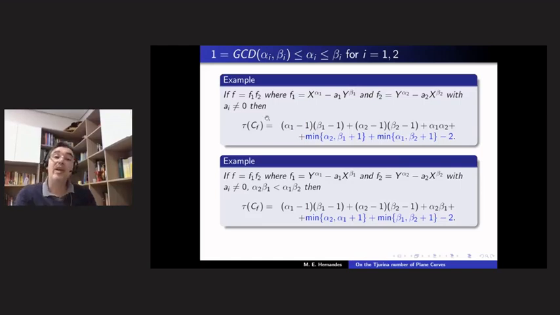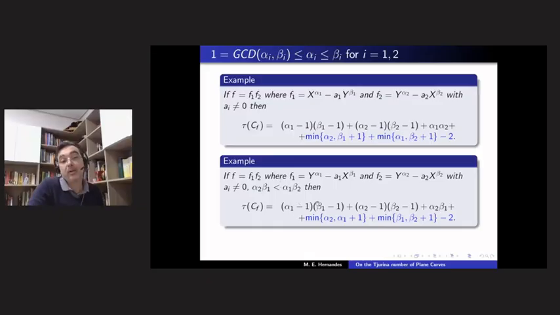In this case, we have two irreducible plane curves, quasi-homogeneous, with distinct tangents, but the product F is not a quasi-homogeneous curve. On the other hand, we can consider two quasi-homogeneous curves with the same tangent, where the product is not quasi-homogeneous, and we can also express the Tjurina number of F using the previous formula.